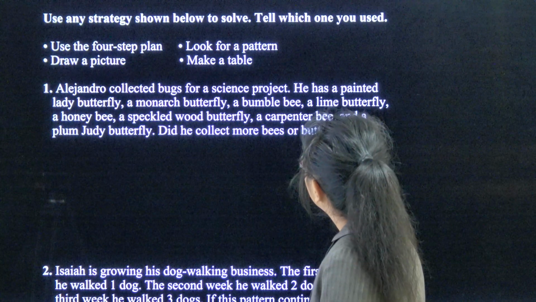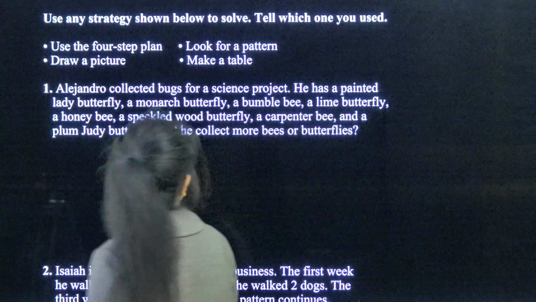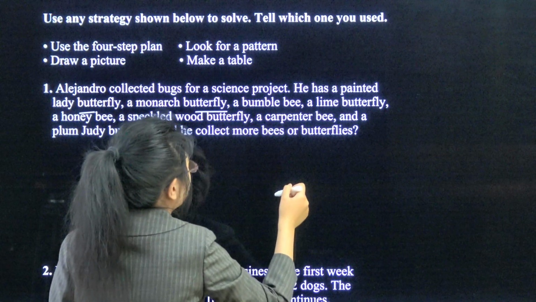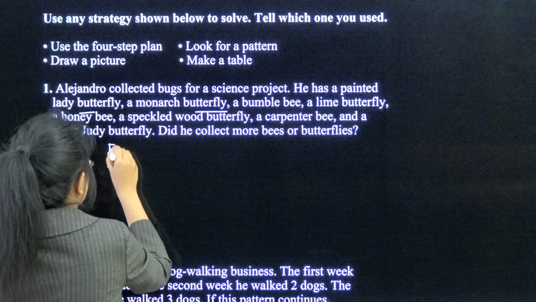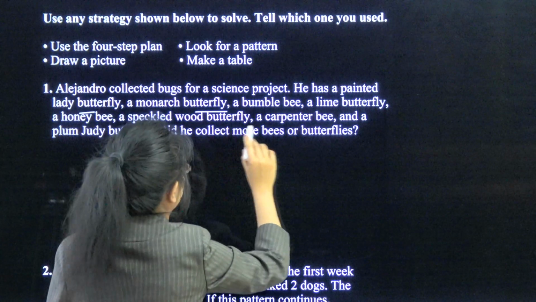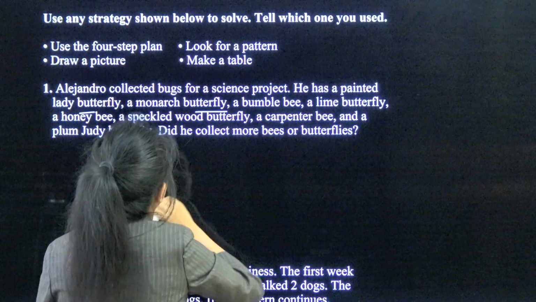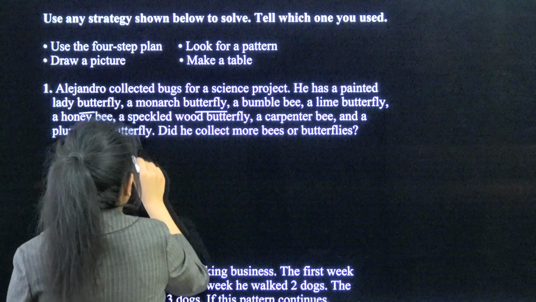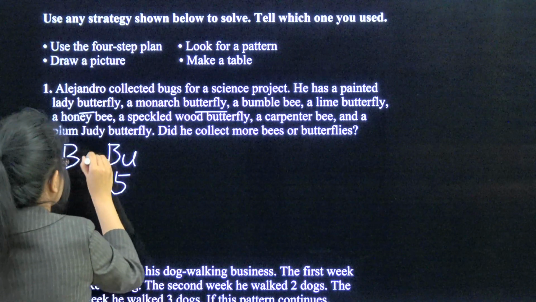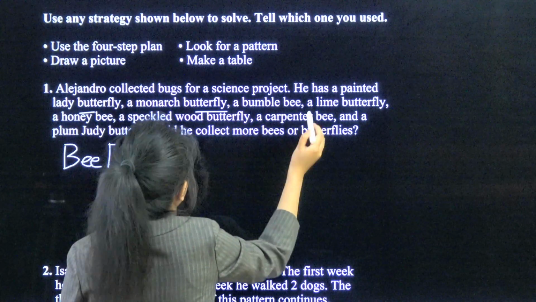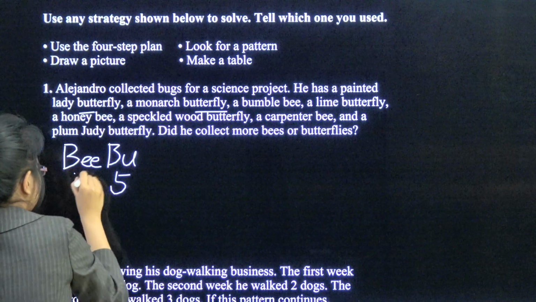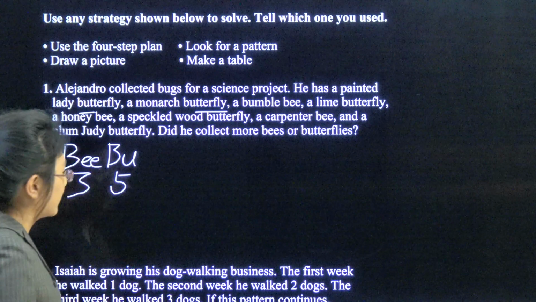So, the four-step plan. 1 butterfly, 2 butterfly, 3 butterfly, 4 butterfly, 5 butterfly. Bees, 1 bee, 2 bee, 3 bee. To be or not to be. So there's obviously more butterflies than bees.